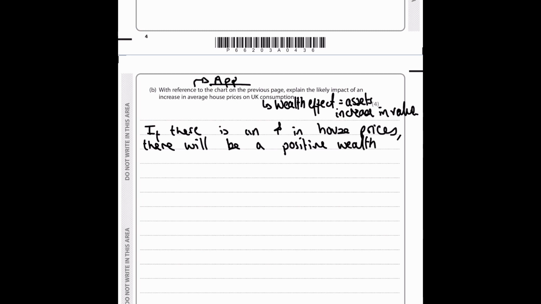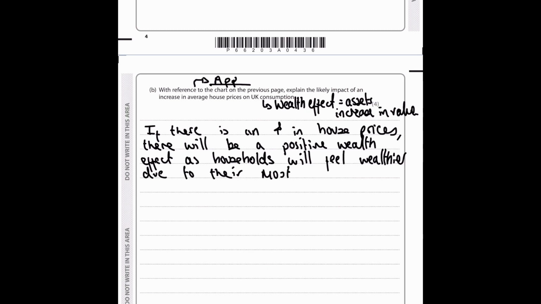So if there is an increase in house prices, there will be a positive wealth effect, as households will feel wealthier due to their most valuable asset, usually, rising in value.